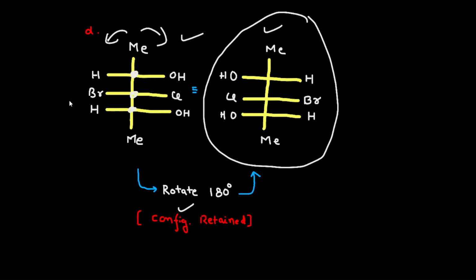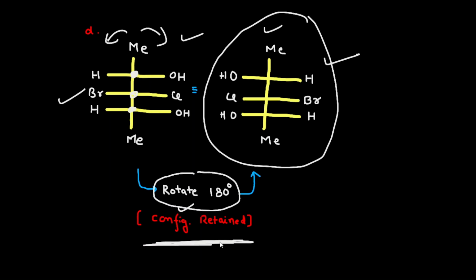Again, you rotate this by 180 degree and you will obtain the right hand side Fisher projection. And as I have already told you, rotating by 180 degree does not change the configuration, and the configuration is retained, and so D is a correct option.